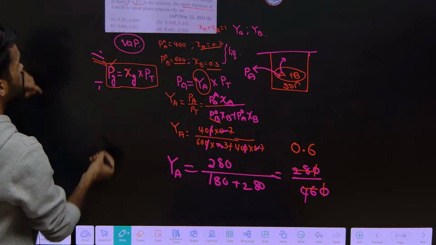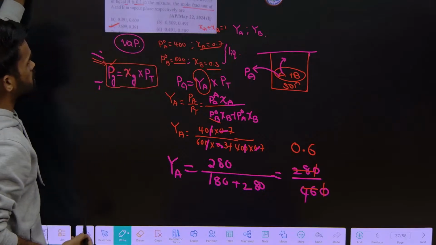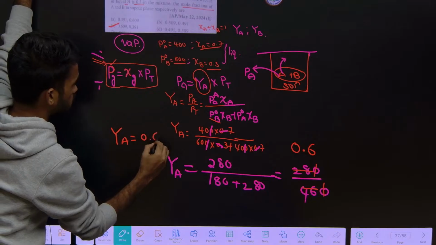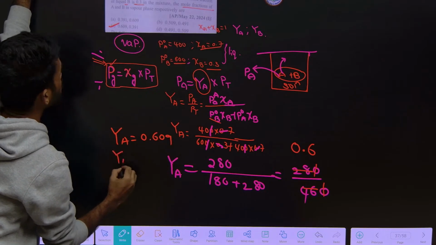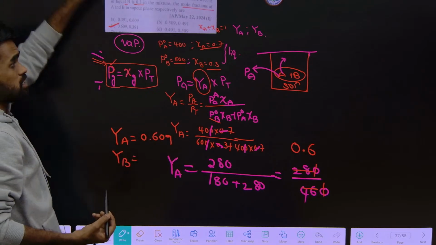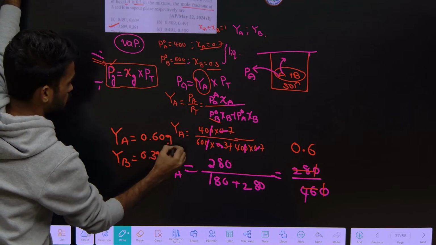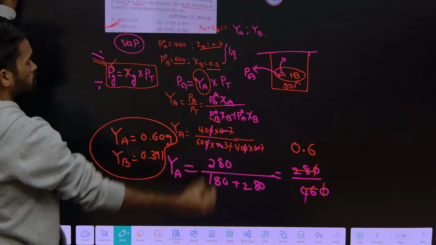See, here we have 0.609 as our answer. So Ya is 0.609, then Yb will be, since the sum of their mole fractions equals 1, 0.391. That's it. So this will be your perfect option for the question.